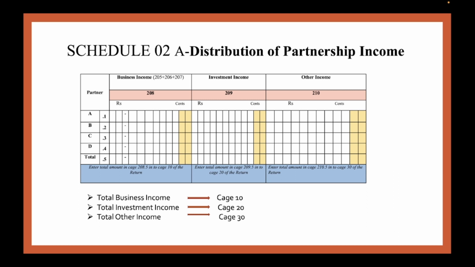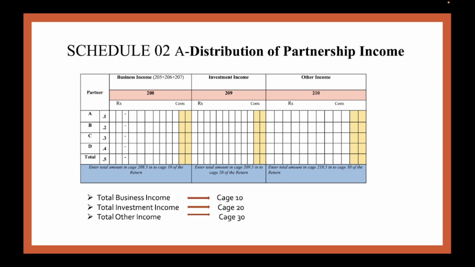If the total figure represents an investment income and if there is no deductible business loss to be set off against that income, then take the income into the cage 20 of Section 1. But in case there is a deductible loss, then first set off that loss against the investment income and carry the balance investment income into cage 20.